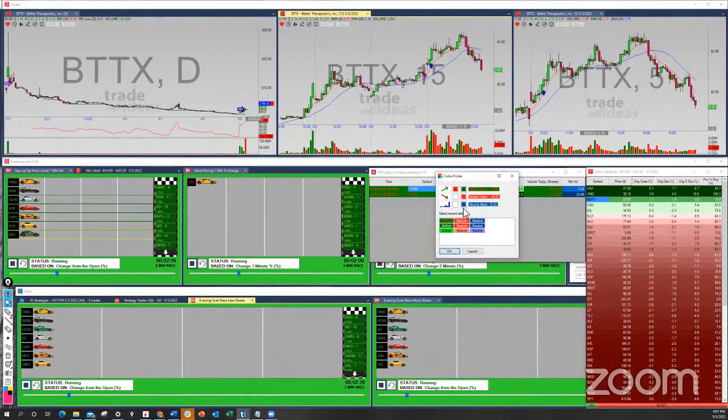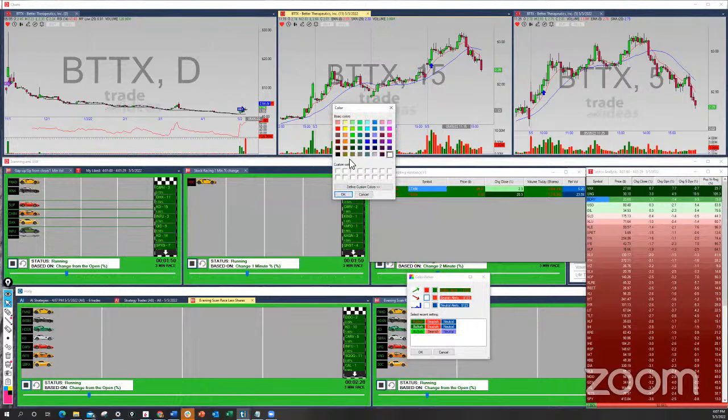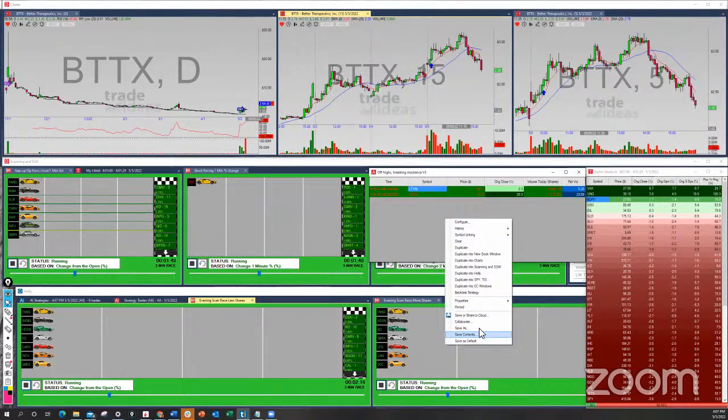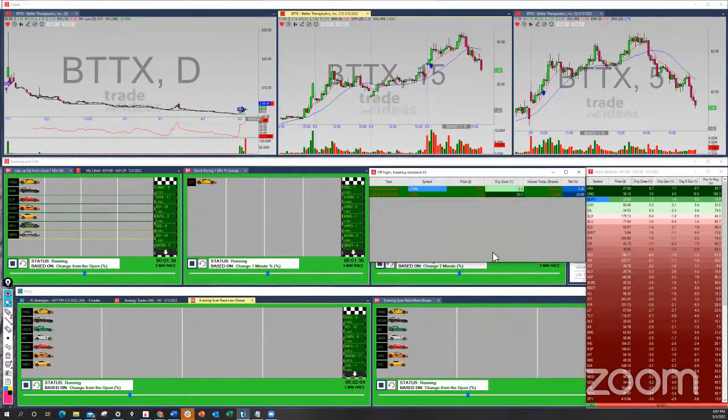You can just color code stuff how you want, within reason, of course. There's nothing bearish here, so it's not going to affect anything. And then color, properties, color. And you got nothing there. There's not a whole lot of data to mess with in this.